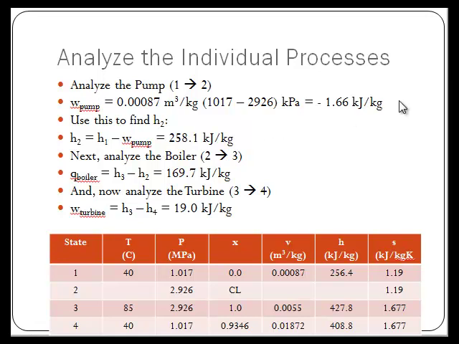I can use this to get the enthalpy coming out of the pump because the energy balance still should hold. And so therefore H2 is H1 minus the work of the pump, or 258.1. A little bit higher than where it went into the pump. For the boiler, it's H3 minus H2, so I have H3, I now have H2, I can calculate that. And the turbine is H3 minus H4, and I can calculate that. If I wanted to do the condenser, it would be H4 minus H1.